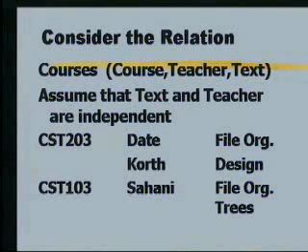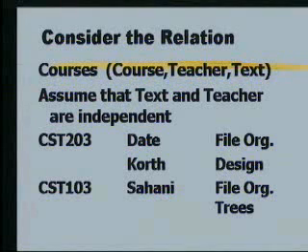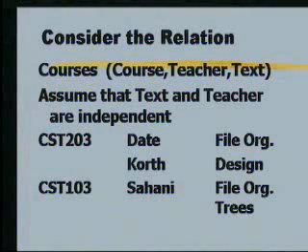What we are assuming here is that a course can be taught by many teachers, and a teacher can teach multiple courses. That is a slightly different issue right now, but whosoever teaches a course has to use a specified number of texts, irrespective of which teacher is teaching that particular course.